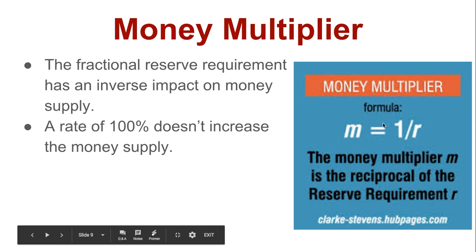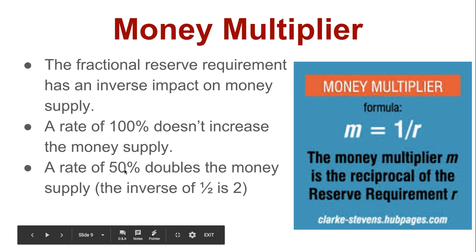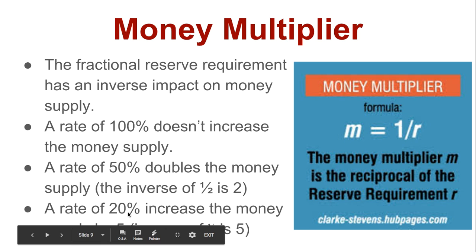M equals 1 over 1. We don't have any addition to the money supply. However, if we have a rate of 50%, we're going to double the money supply. Because the inverse of 1/2 is 2, we are increasing the money supply by 2 by having a 1/2 ratio. If the rate is 20%, we can increase the money supply by 5 and turn $1,000 into $5,000.